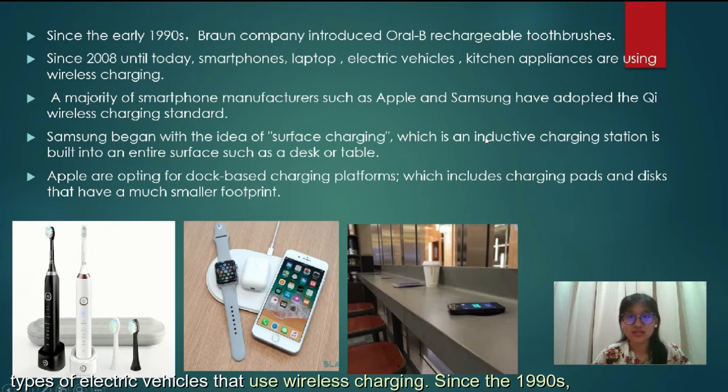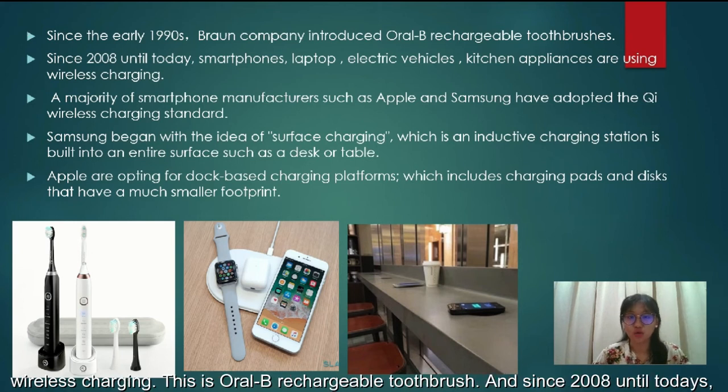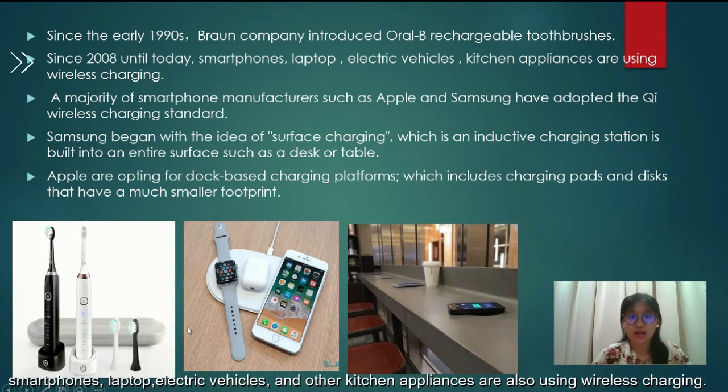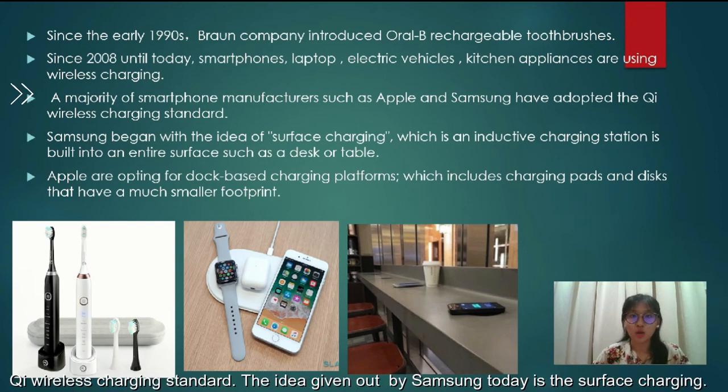Since the 1990s, the Braun company has introduced the Oral-B rechargeable toothbrush, which also uses wireless charging. This is the Oral-B rechargeable toothbrush. Since 2008 until today, smartphones, laptops, electric vehicles, and other kitchen appliances are also using wireless charging. A majority of smartphone manufacturers such as Samsung and Apple have adopted the Qi wireless charging standard.